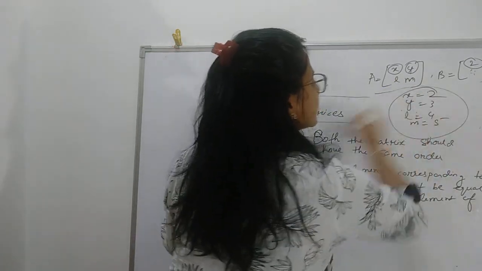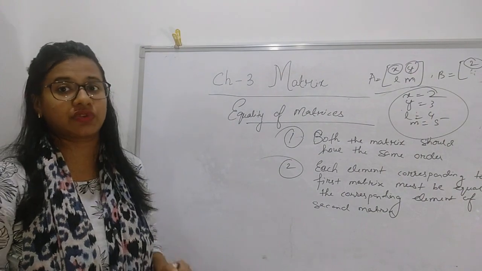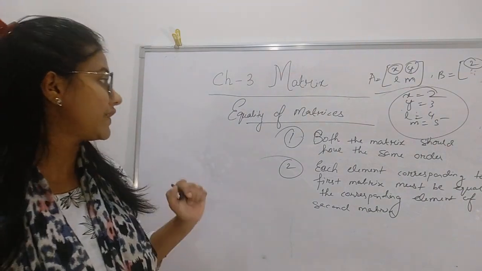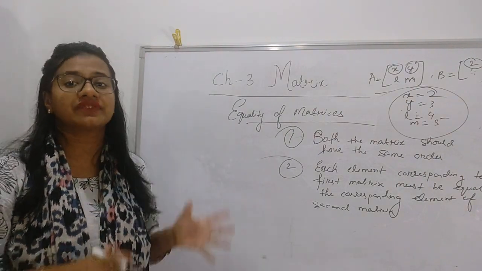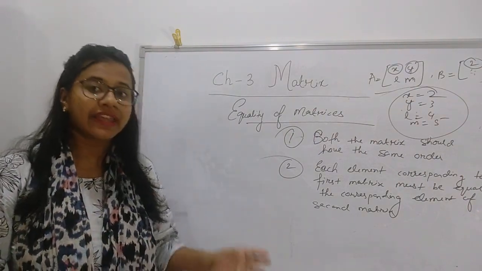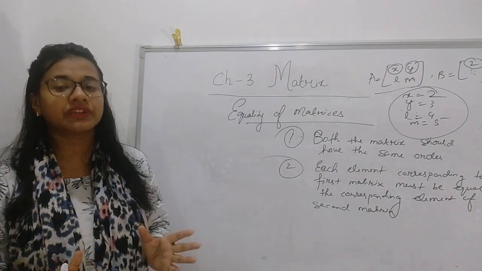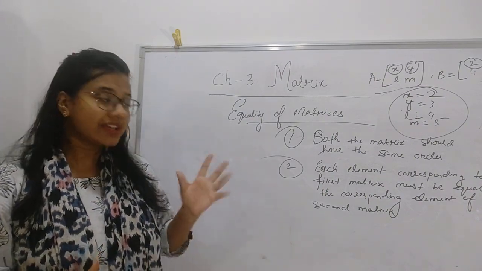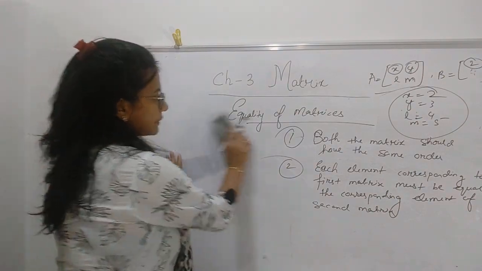So if this condition is satisfied, then we will say that A and B are equal matrices. So the two conditions must be satisfied for equality of matrices. The first condition is both the matrices should have the same order, and the second one is every element corresponding to the first matrix must be equal to the corresponding element of the second matrix. So this is about the equality of matrices.